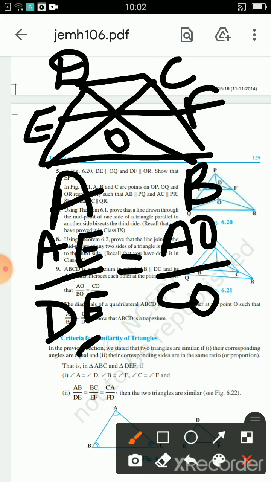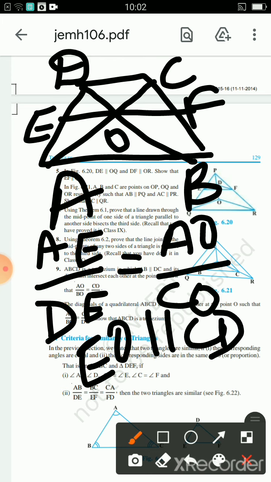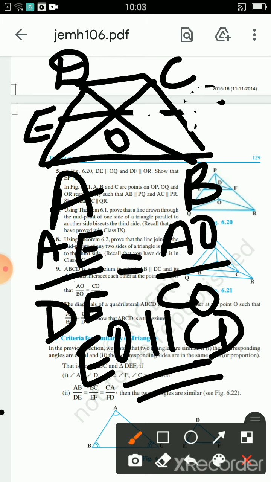From this you can write EO is parallel to CD. The EF construction we did not do, so avoid this. That was for the previous question. So you get EO is parallel to CD. Why? By the converse of BPT theorem, when a line divides the two sides of a triangle in equal ratio, then the line is parallel to the third side.